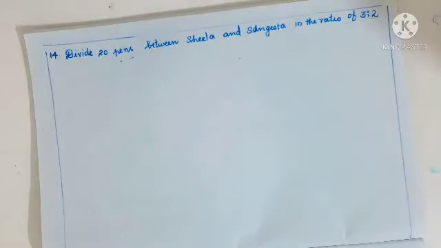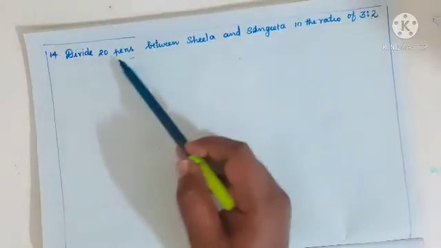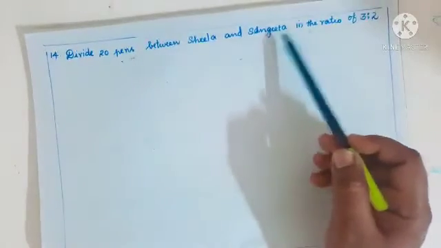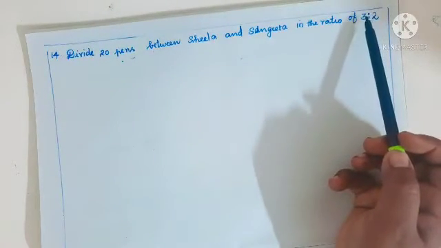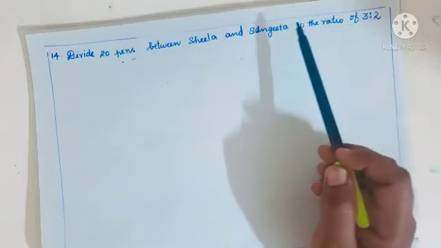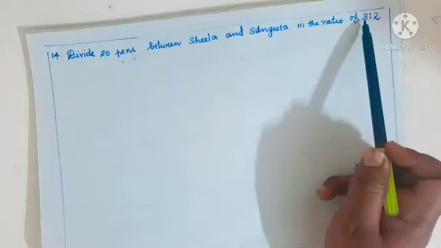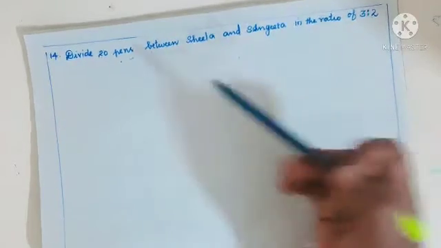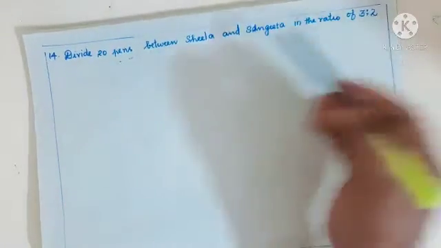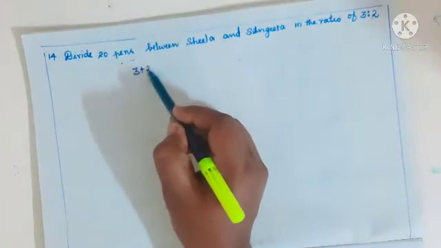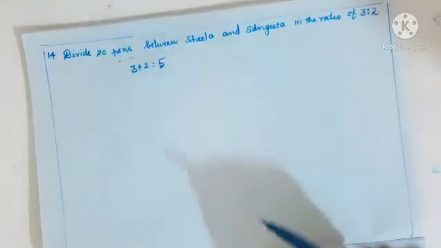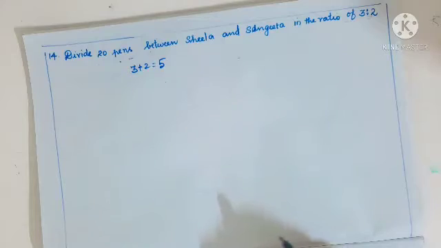Okay. Now listen, 14th question. Divide 20 pens between Sheila and Sangeeta in the ratio 3:2. Okay. So here first we need to divide the pens in the ratio 3:2. Okay. Sum of these terms, when you add this ratio, what you get? 3 plus 2 is equal to 5. Isn't it dear? That is the sum of the terms.